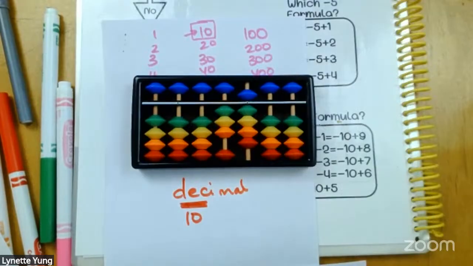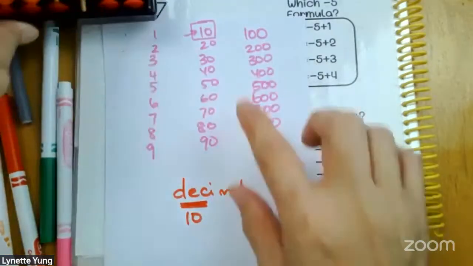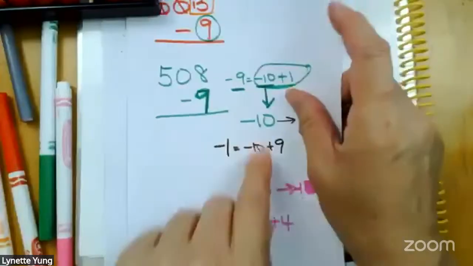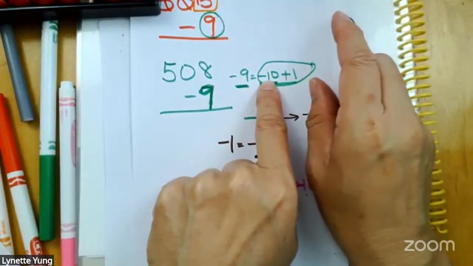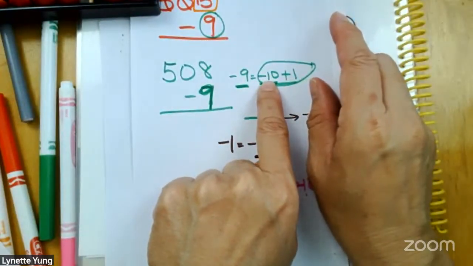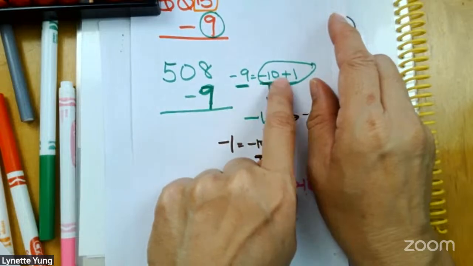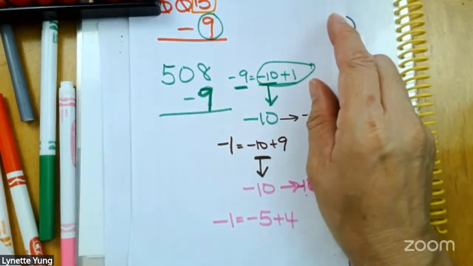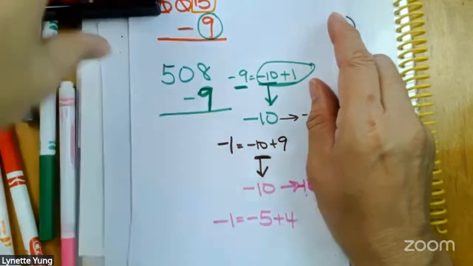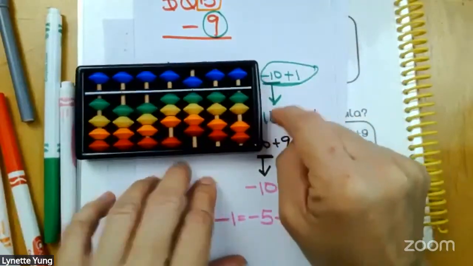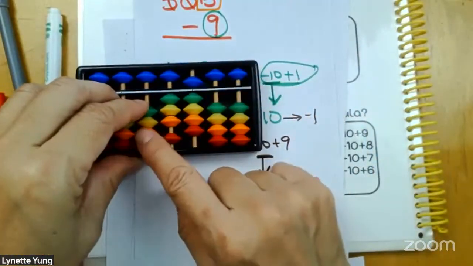Okay. So when you're looking at it, that's why when we say 10, it's 1 and 0. That's why the 0 pushes the 1 to the next column over.